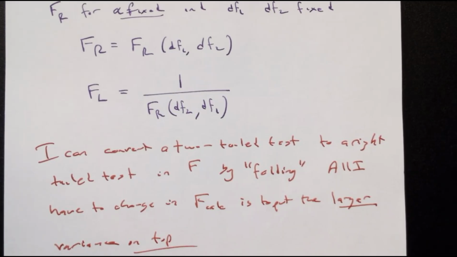It always requires me to simply put the larger variance on top. Now, in our case, we did have the larger variance on top. We had 67 on top and 15 on the bottom, right? So I had rigged that one to already be a right-tailed test, and it was in the correct orientation to do the folded version.